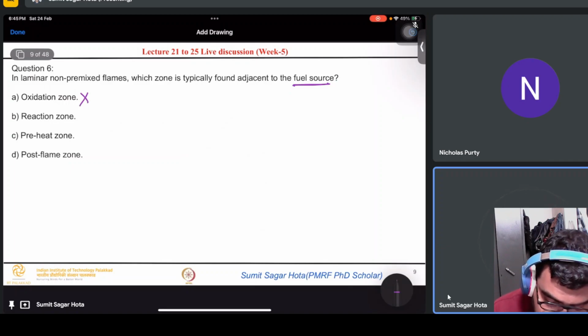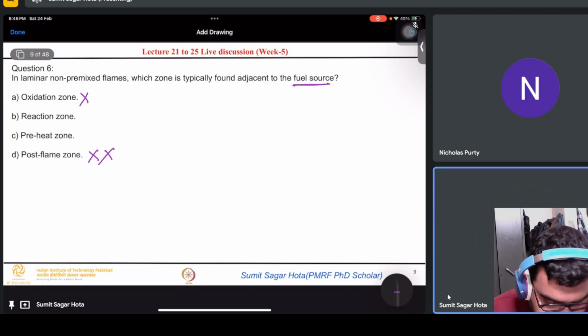Now post flame zone. First the fuel will be there, then the oxidizer will react with that, and after that flame formation is there. After the flame formation comes the post flame zone, so that is 100% wrong.